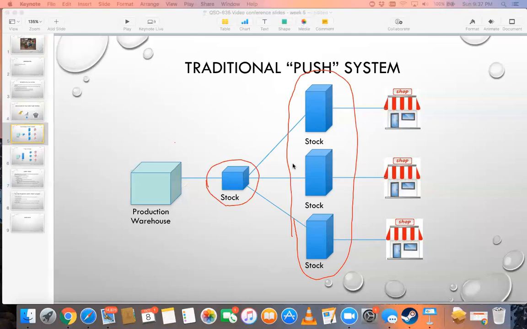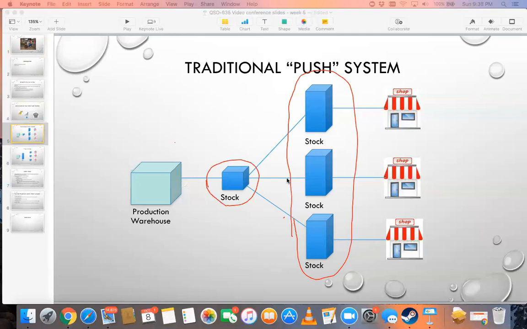What you do is you combine multiple demands, and the amount of stock required to service that demand in relation to the variation of demand decreases.